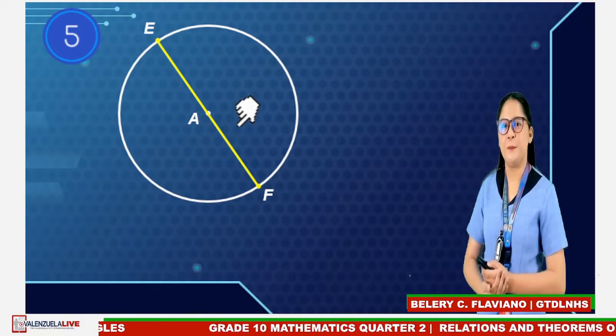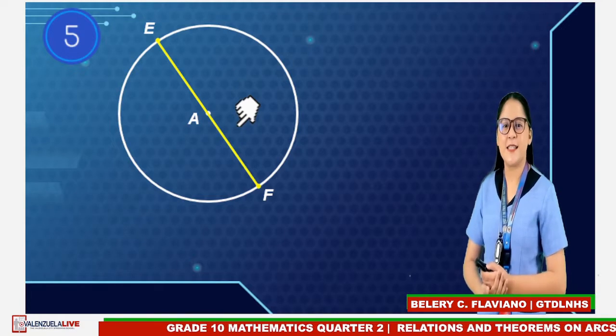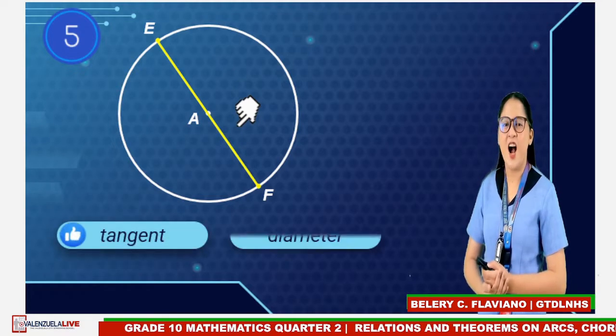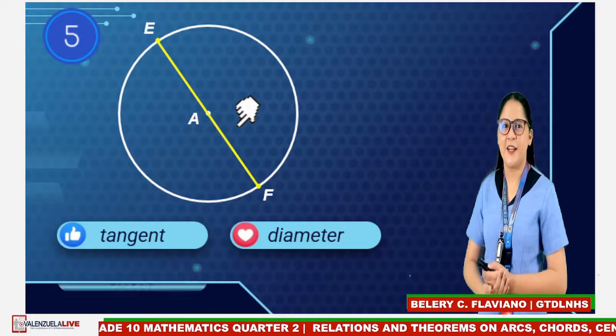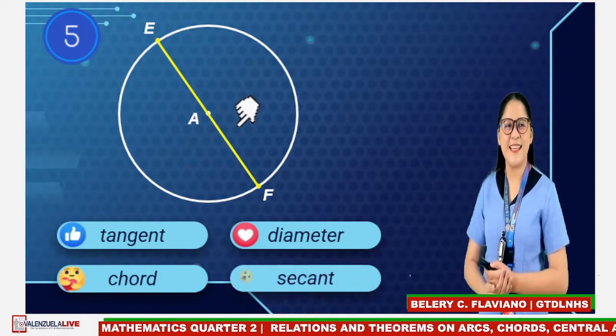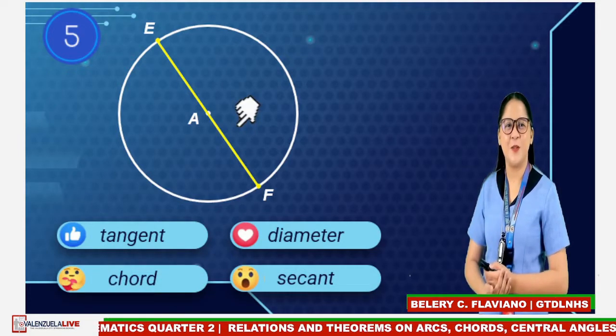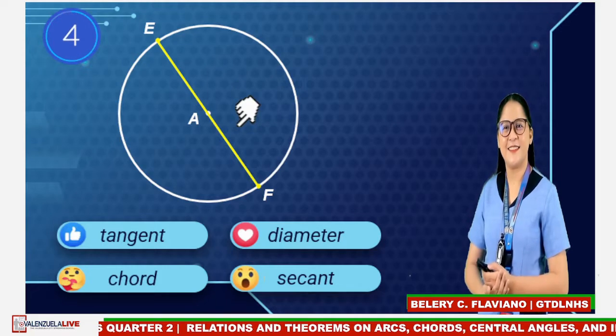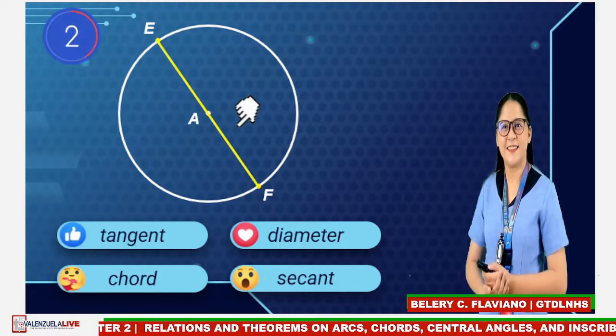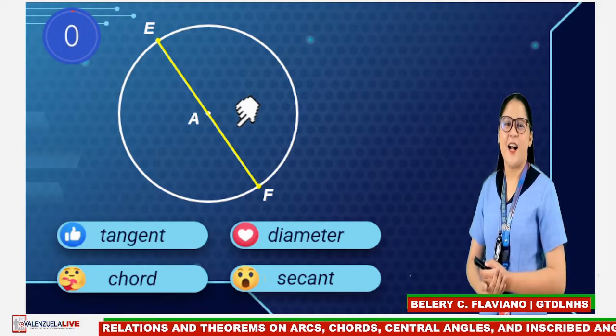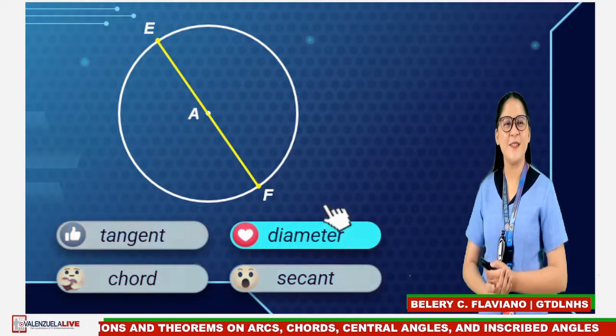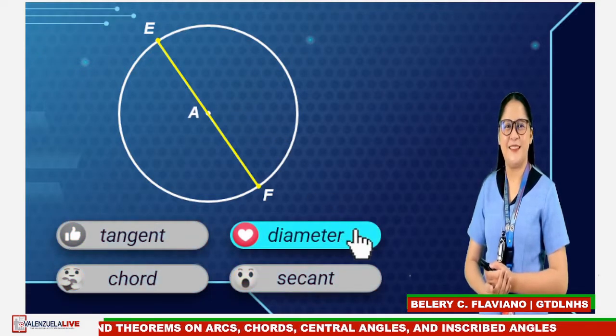Observe the figure pointed by the cursor. Is it tangent, diameter, chord, or secant? You have 5 seconds. Go. Alright, time's up, and the answer is diameter.